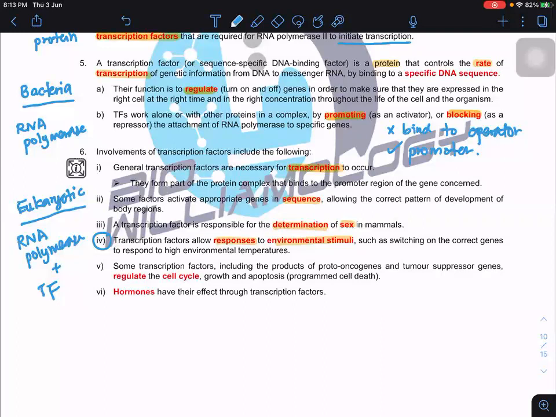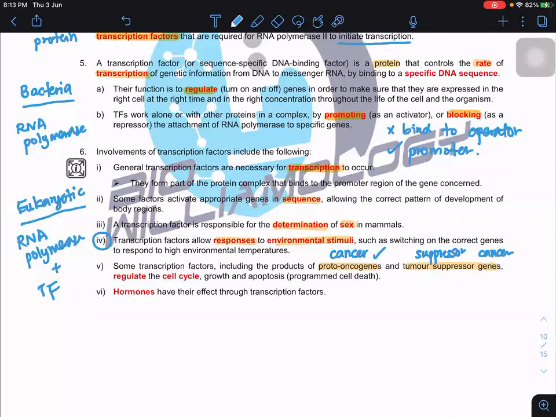Some transcription factors include the products of the proto-oncogene and the tumor suppressor gene in this case. Proto-oncogene means it can cause cancer. This one actually suppresses the development of cancer. So these must be in the correct ratio.